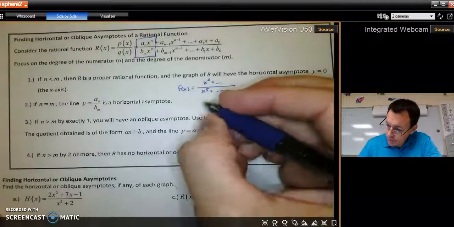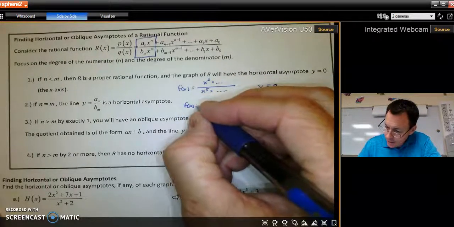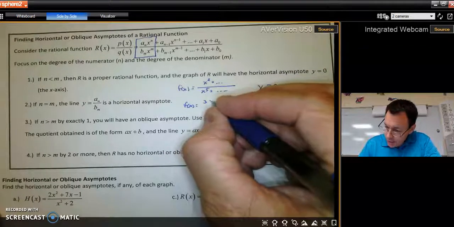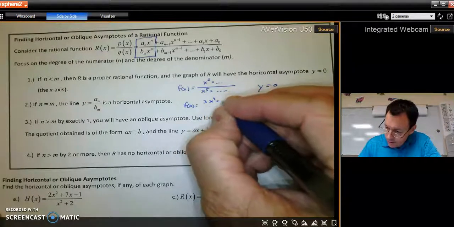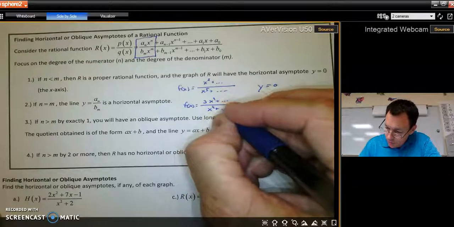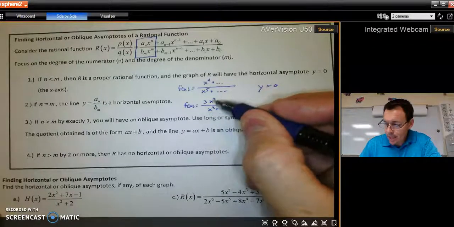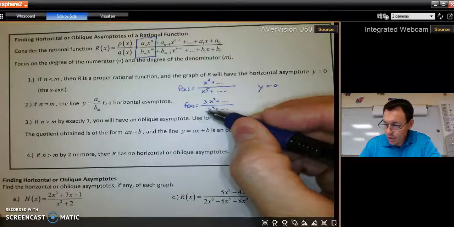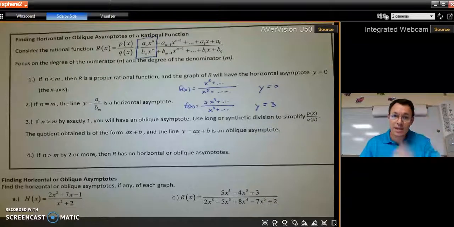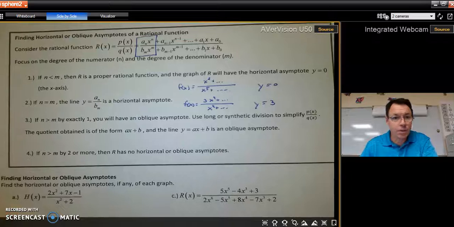So you'll get something like f of x equals 3x to the 4th plus whatever, and down here just plain x to the 4th plus whatever. These two, imagine they cancel out, and they just leave you with 3 over 1. That is where your horizontal asymptote is. Again, that's an easy one, but you have to remember these rules. The rules aren't hard, you're just going to have to remember them.